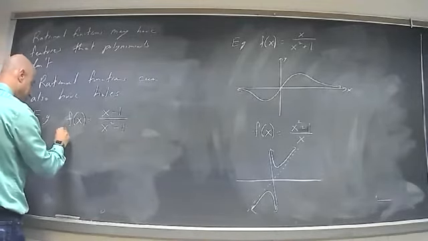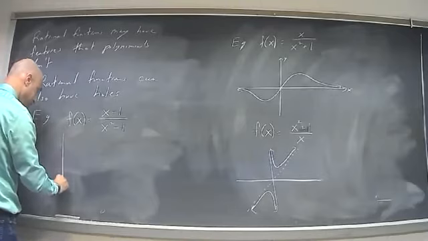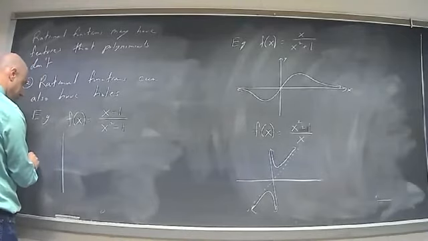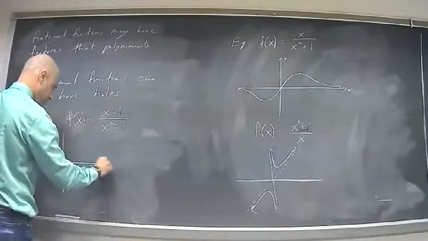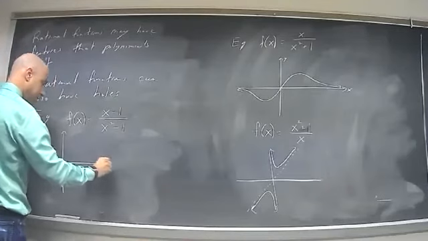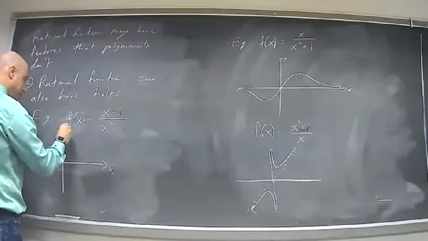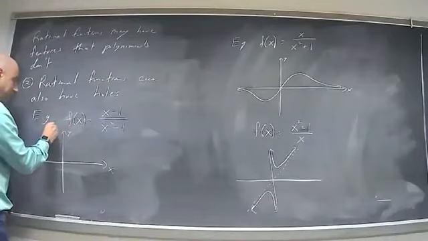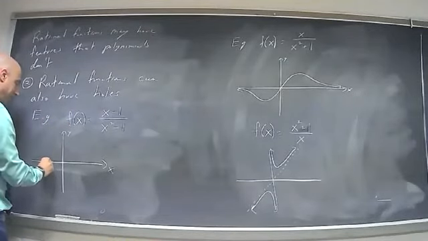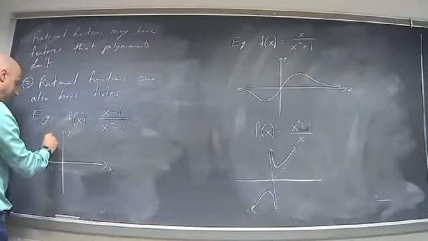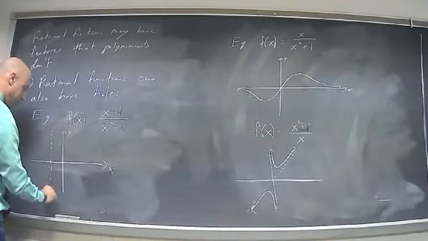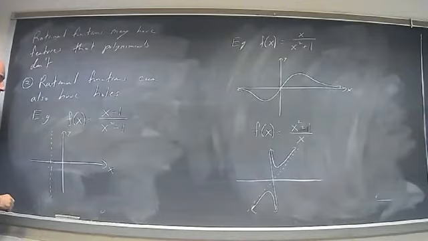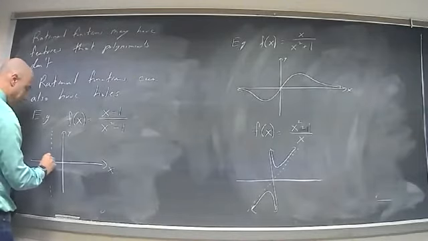This thing looks like this. It has a vertical asymptote at x equals -1. It has a horizontal asymptote of 0.